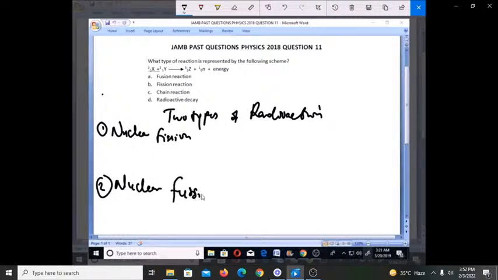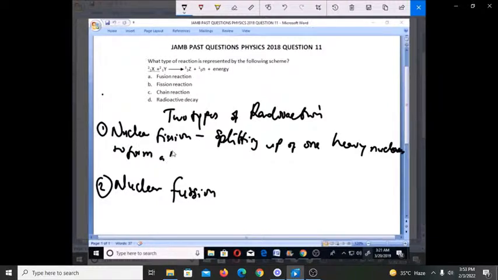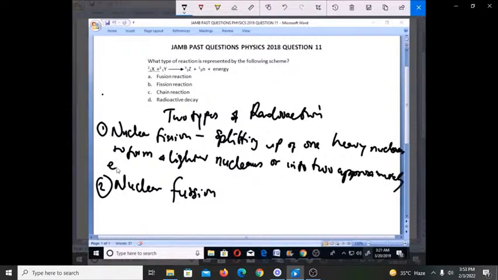See the two names, fission and fusion. Whenever you hear nuclear fission, you're talking about the splitting up of one heavy nucleus, breaking up to form lighter nuclei, maybe two approximately equal parts.